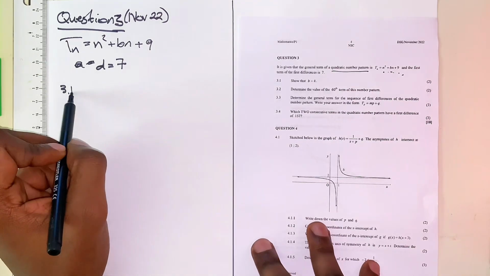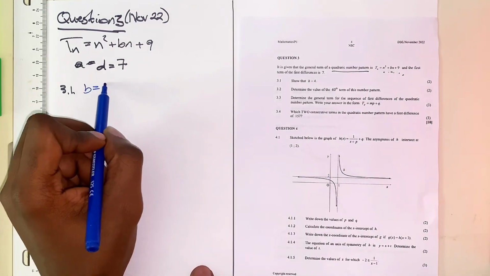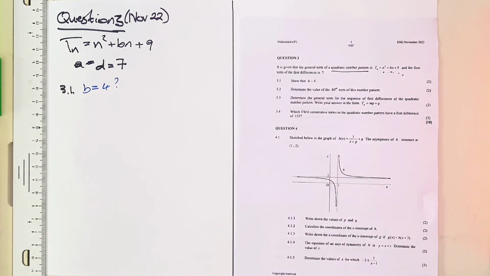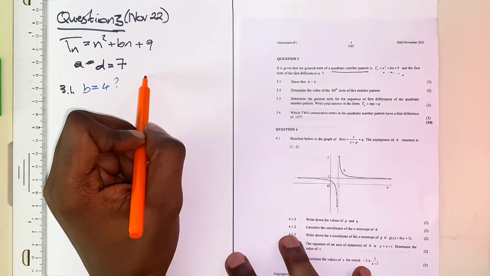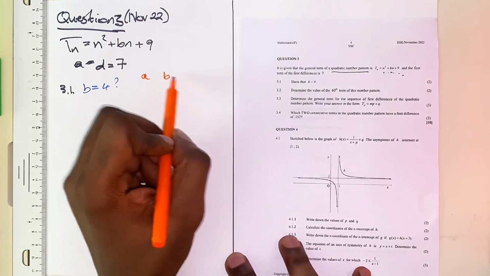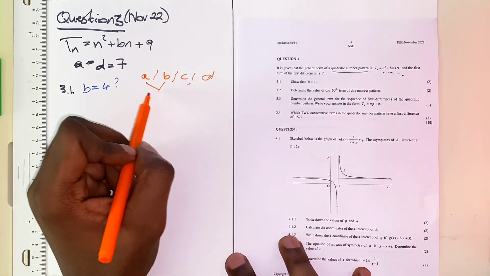Now, let's go to 3.1. It says show that B is equal to 4. Now, is B equal to 4? How do we find B? Now, the thing about quadratic sequences is that if you have a term A, term B, term C, and term D, you have your terms and you have the difference here.